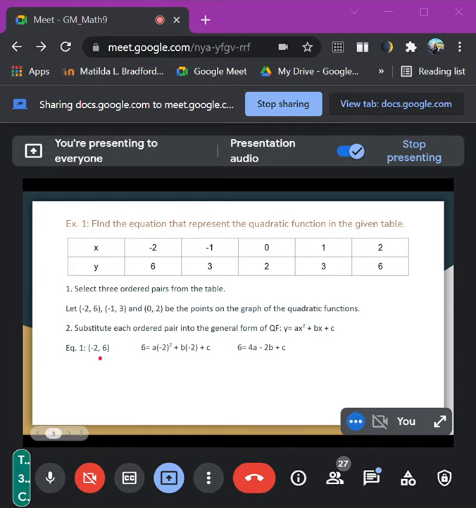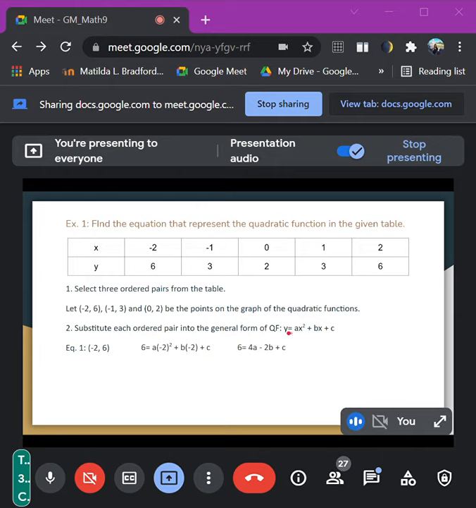You have the quadratic function y equals ax squared plus bx plus c. We just substitute, class, since x and y are in your general form. You substitute from your ordered pair negative 2 and 6.